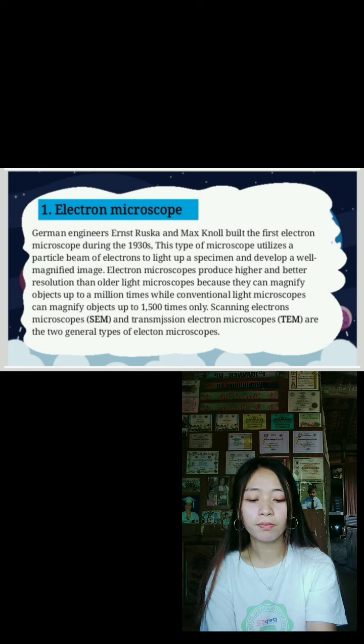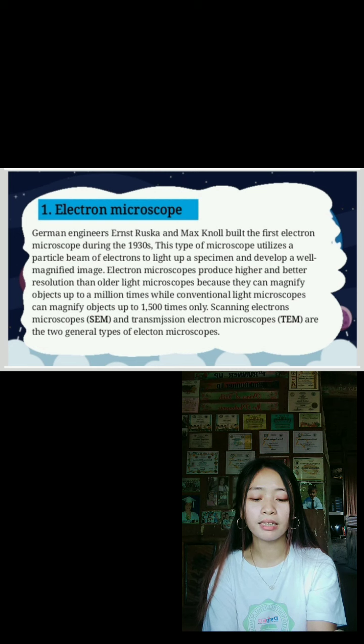Electron microscopes produce higher and better resolution than light microscopes because they can magnify objects up to 1,000,000 times, while conventional light microscopes can magnify objects up to 1,500 times only. Scanning electron microscope or SEM and transmission electron microscope or TEM are the two general types of electron microscopes.